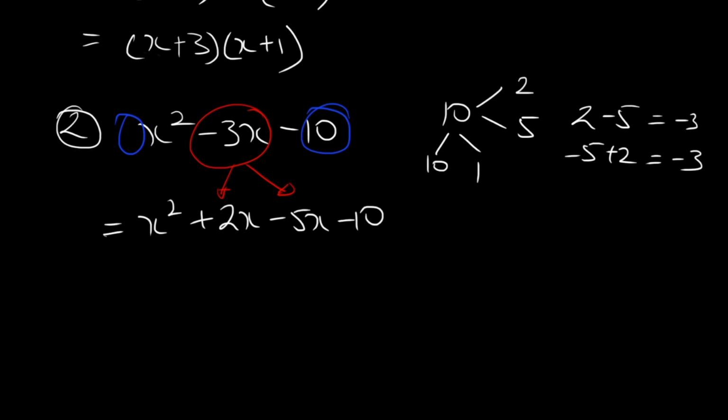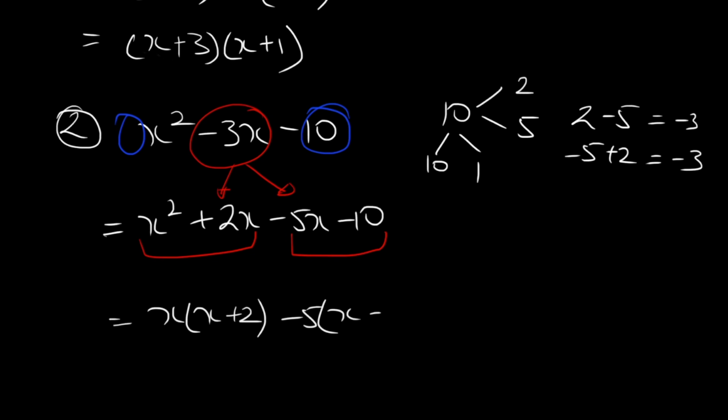The reason for this again is to make four terms or two pairs that I can factorize. So let's see how this is going to work out. Now I need to just factorize each of these pairs. It will give me x times x plus 2, minus 5 times x plus 2.